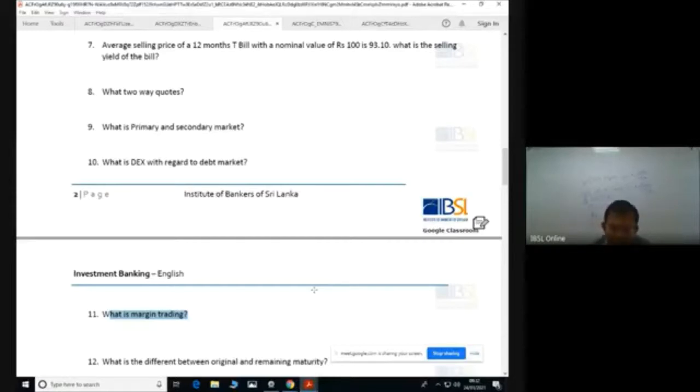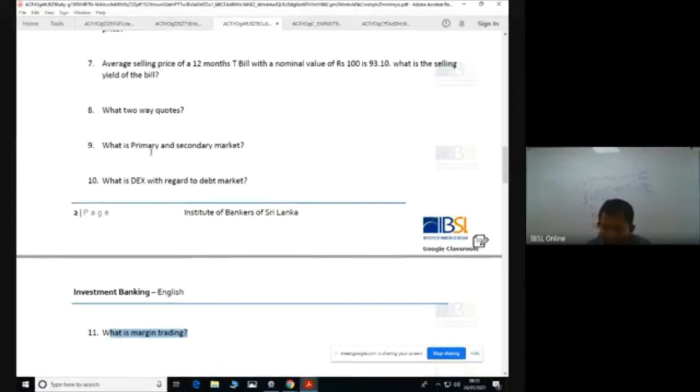You can buy this, and you can put money later at T+2, but you can trade it. That is margin trading. Keeping your share portfolio as security, you can borrow, as in banking terms. The same thing is happening. Keeping the share portfolio as security, you borrow. Similarly, the broker gives credit to you. That is margin trade, right?